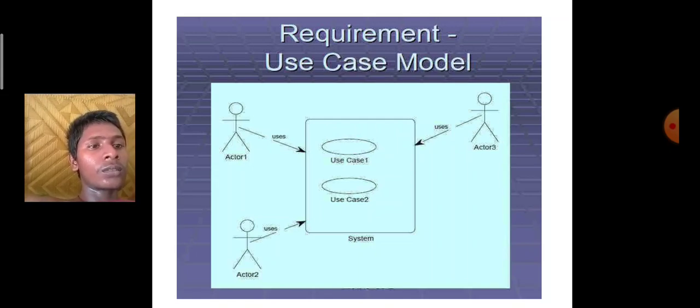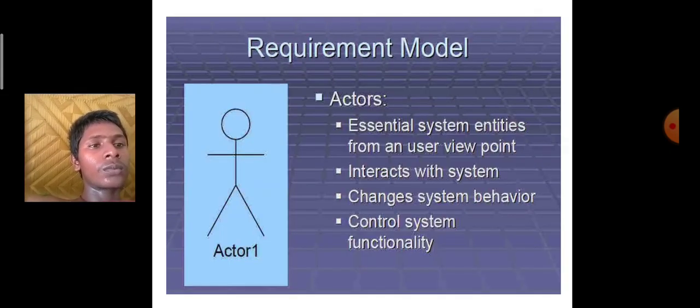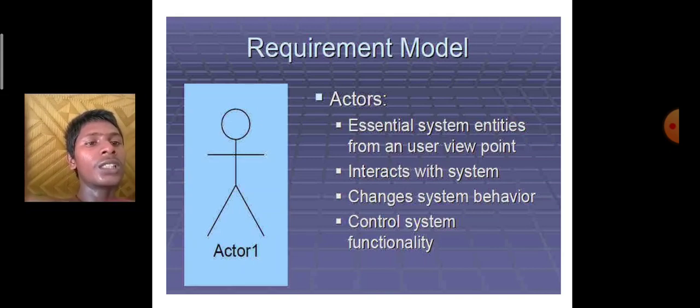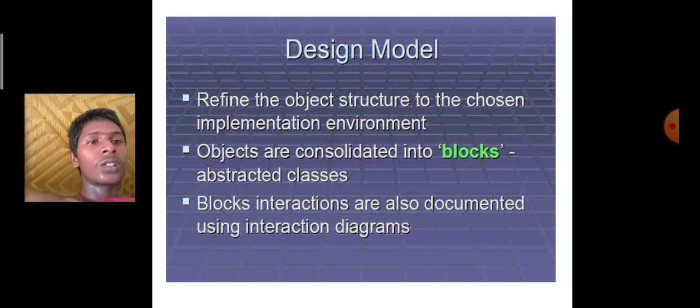Requirement model: actors are essential system entities from a user viewpoint that interact with the system, change system behavior and control system functionality. Analysis model: structure a system independently of the actual implementation, capture information, behavior and presentation, and specify objects. Design model: define the object structure for the chosen implementation environment.